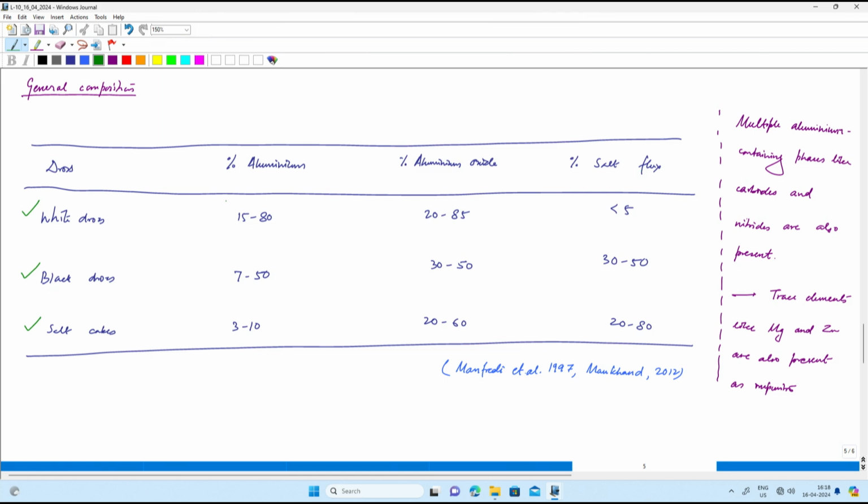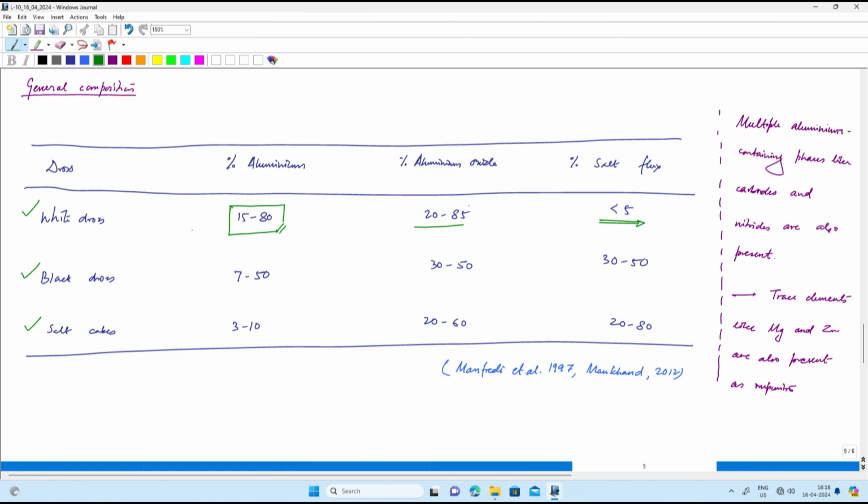White dross has the highest concentration of metallic aluminium. What it means is that in this dross, a large amount of aluminium got entrapped in the oxide matrix, while the oxide concentration is relatively lower and salt fluxes are very low.